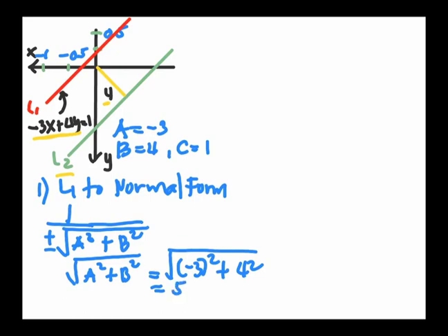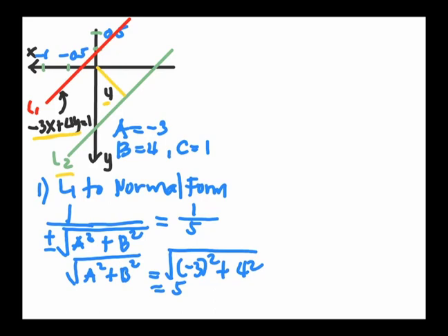Therefore, our multiplier will be 1 over 5, or 1/5, right? So we'll now proceed transforming the equation of L1 to its normal form.